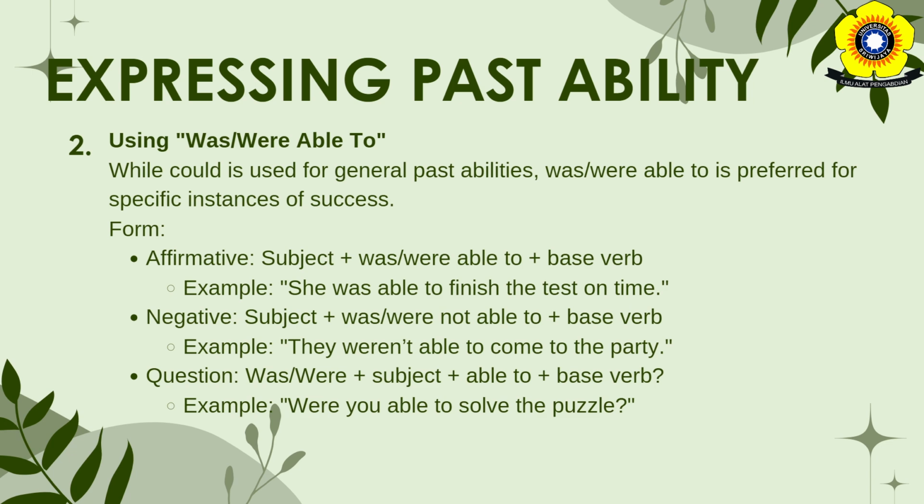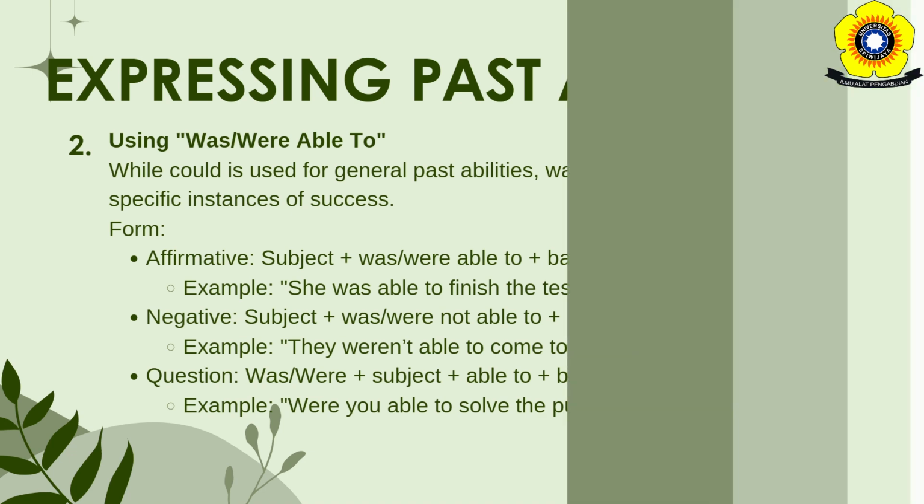Example: She was able to finish the task on time. Negative form: subject plus was or were not able to plus base verb. Example: They were not able to come to the party. Question form: was or were plus subject plus able to plus base verb plus question mark. Example: Were you able to solve the puzzle?